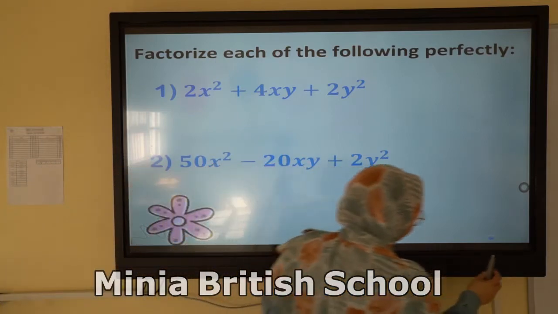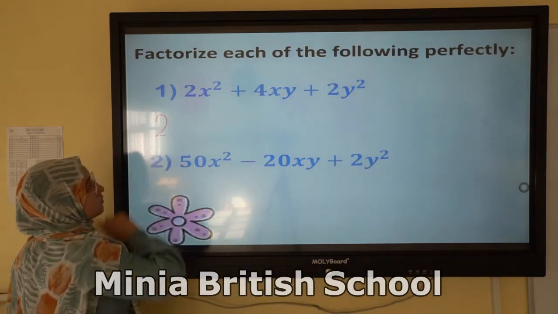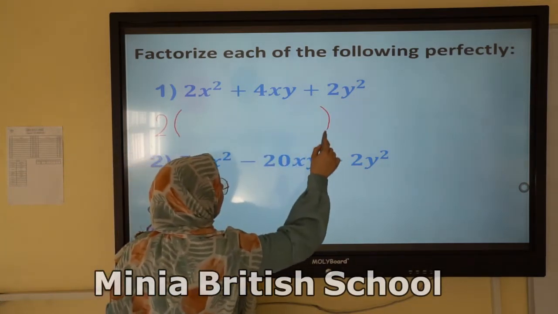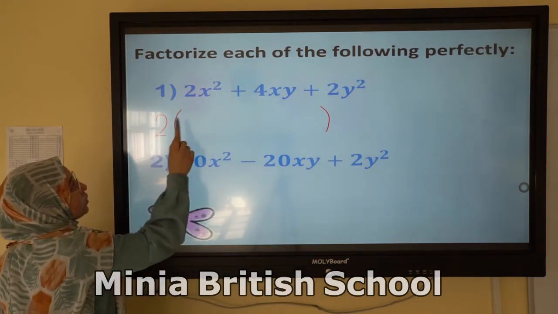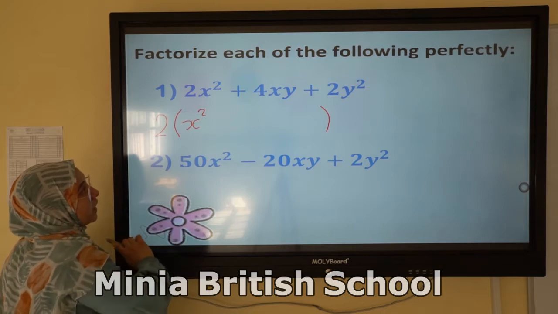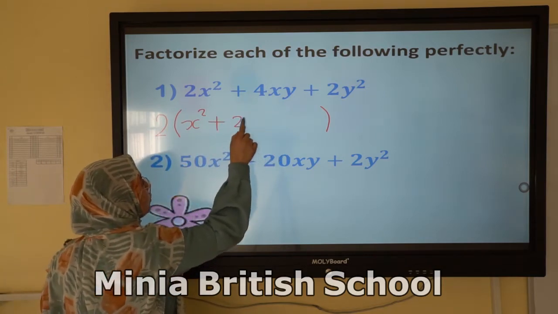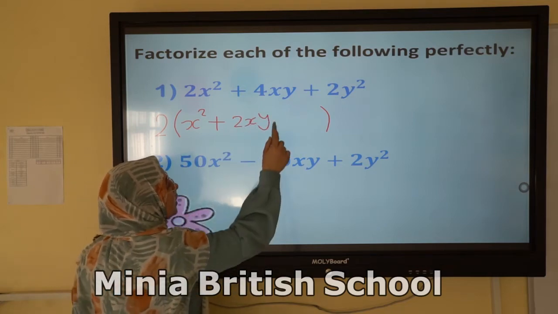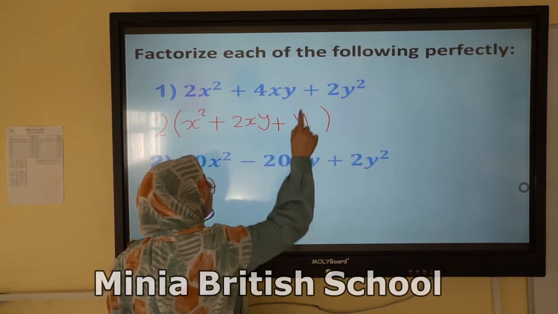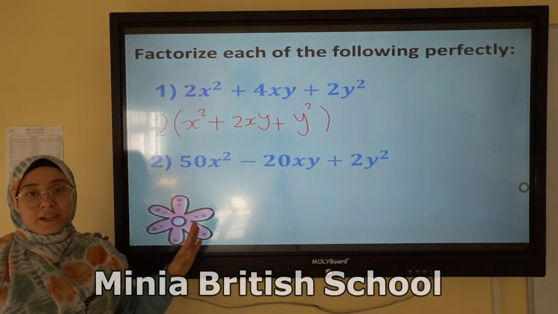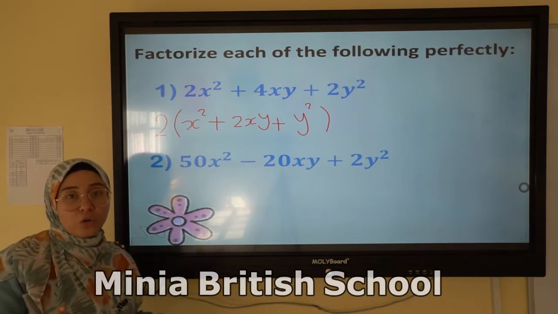So, 2 and open arcs, then 2x power 2 divided by 2 equals x power 2, and 4xy divided by 2 equals 2xy, plus 2y power 2 divided by 2 equals y power 2. Then you can check if this expression is a perfect square or quadratic trinomial.